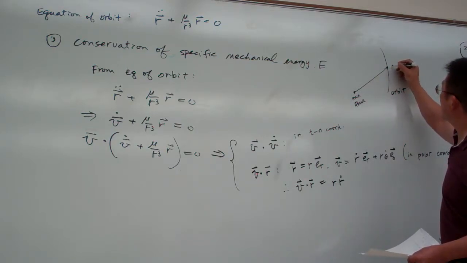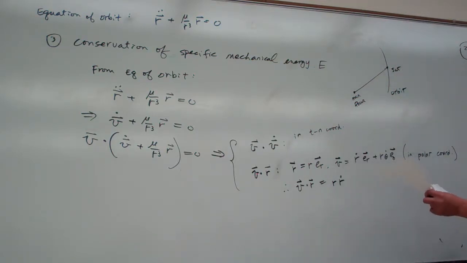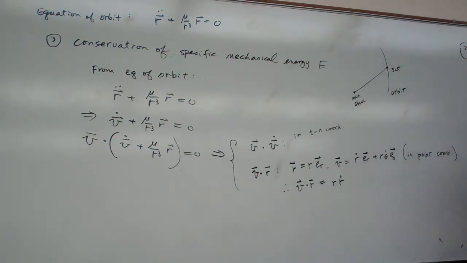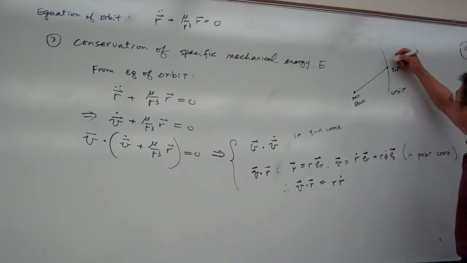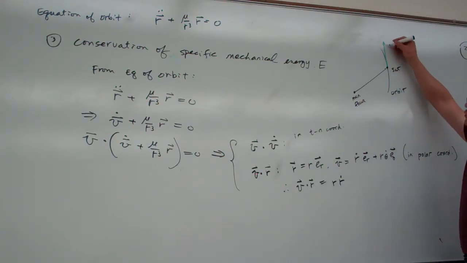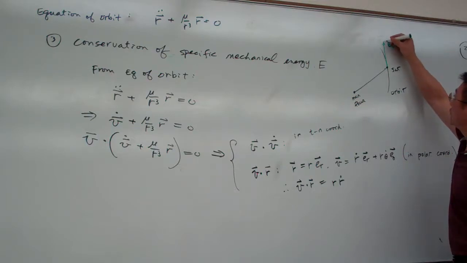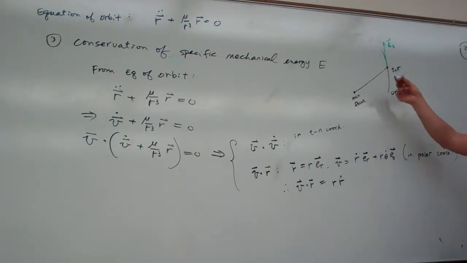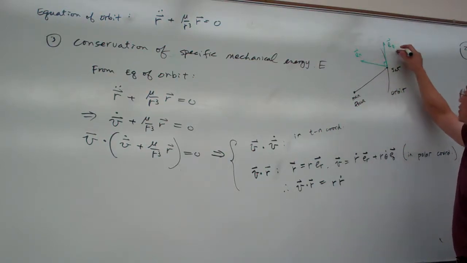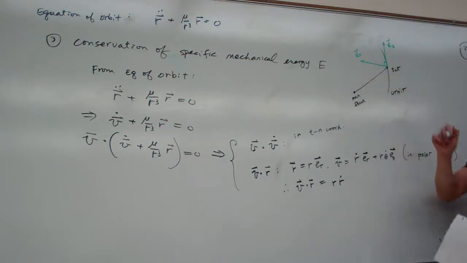So say this is our satellite, and this is the tangential direction, along which we take the unit vector. And normal to this unit vector is the normal direction. We put the e_n. So this is what we call the tn coordinates.